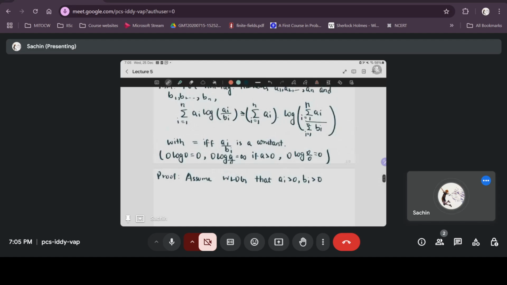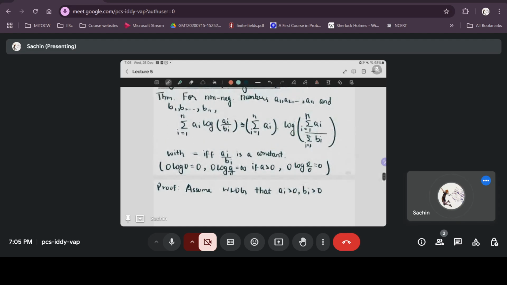For the cases where ai, bi are zero, if ai is zero, then the term will be zero here, it will be zero here, and it will be zero here. So it won't affect the summation. If bi is zero and ai is zero, then again it won't affect the summation.